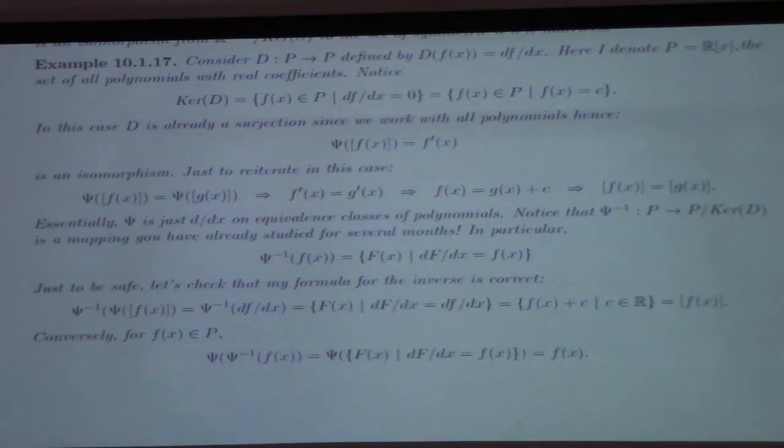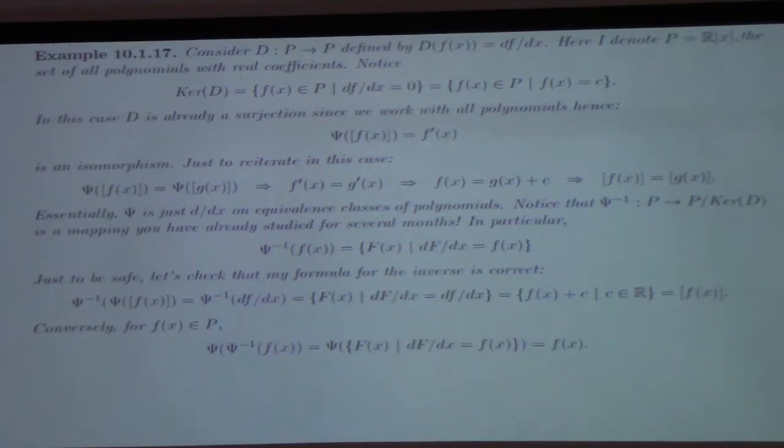So if you want d dx of the integral to give you back the function, and if you also want the integral of the derivative of the function to give you back the function, if you want both of those, then you're not really talking about functions. What you're talking about are equivalence classes of functions, because differentiation destroys constants. You can't get it back, right? And so this is an attempt at doing that carefully.